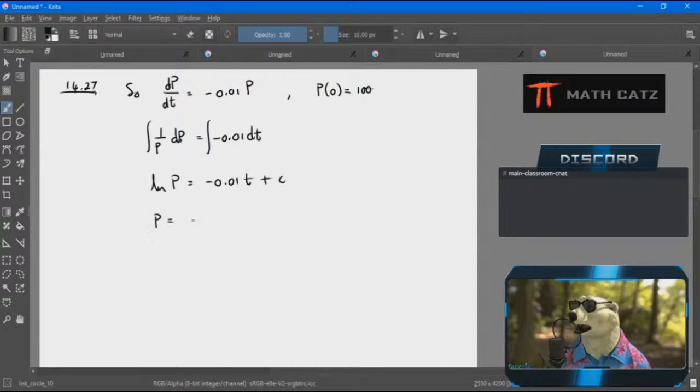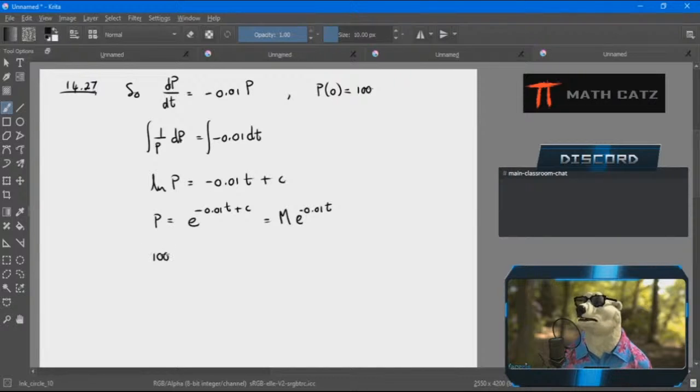So p is then e to the -0.01 t plus a constant, or I'm going to rewrite that as m for a more convenient integration constant. Then I'm going to use the fact that I start with 100%. It hasn't decayed yet at the start.